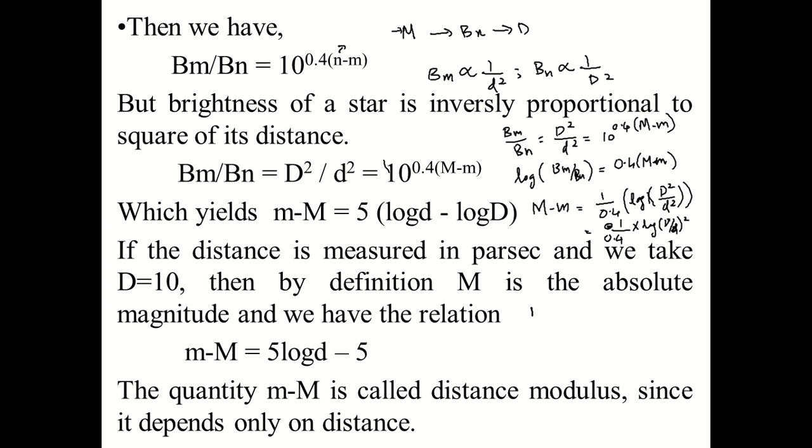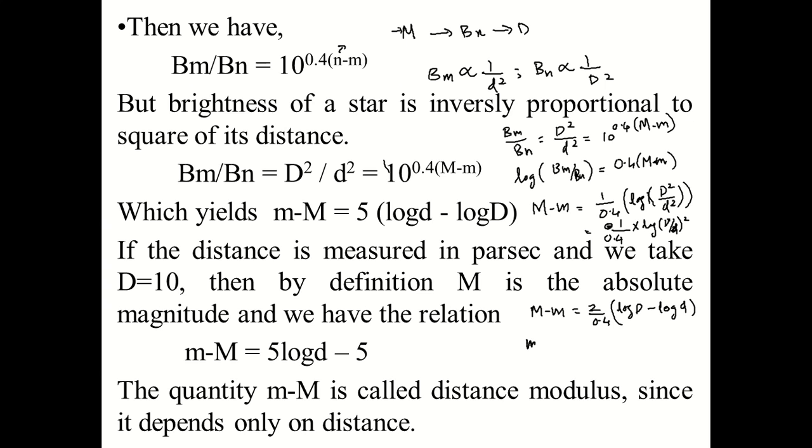So capital M minus small m will be equal to, since something square can be written as 2 into log, 2 by 0.4 into log capital D by d, which can be written as log capital D minus log small d, since log a by b is log a minus log b.